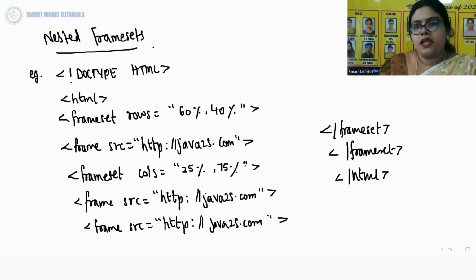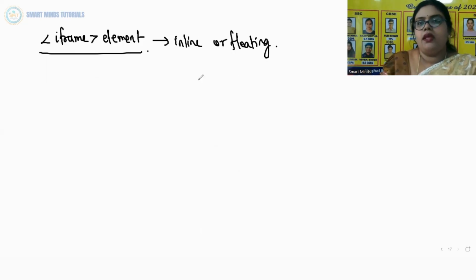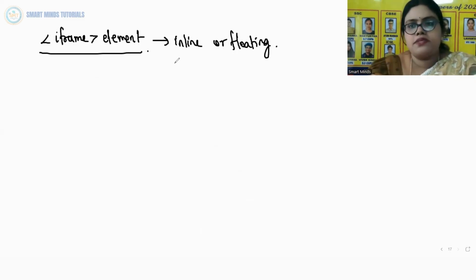So after understanding everything about frameset, let us understand what is the iframe element. The iframe element is also called inline or floating frames. This tag helps in defining an inline frame.